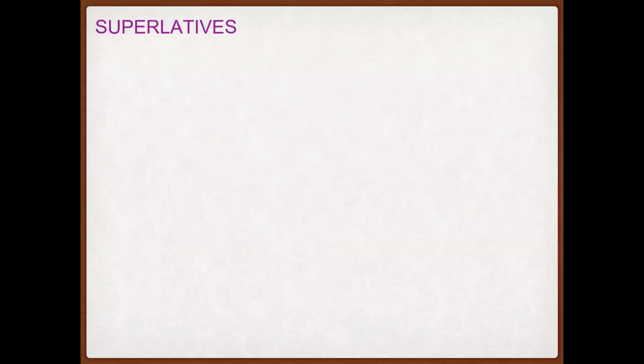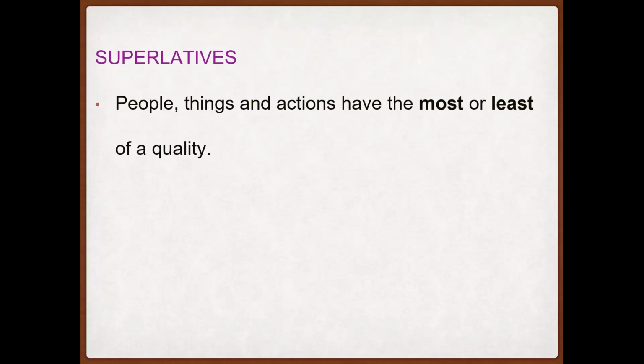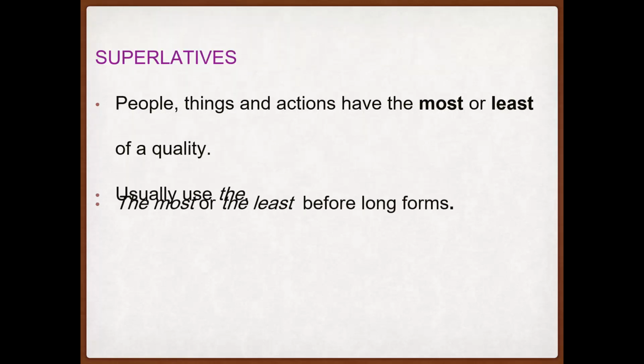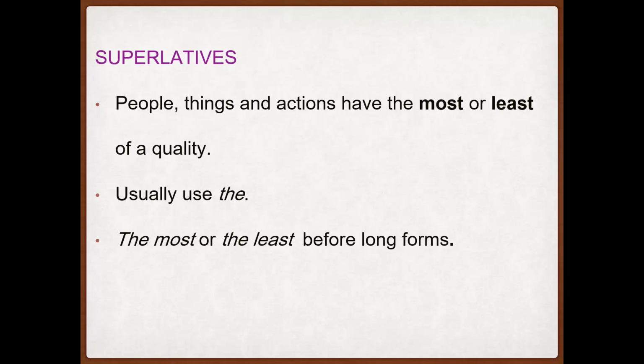Finally, superlatives. They are used to say that people, things, or actions have the most or least of a quality. We usually use the most or the least before long forms.